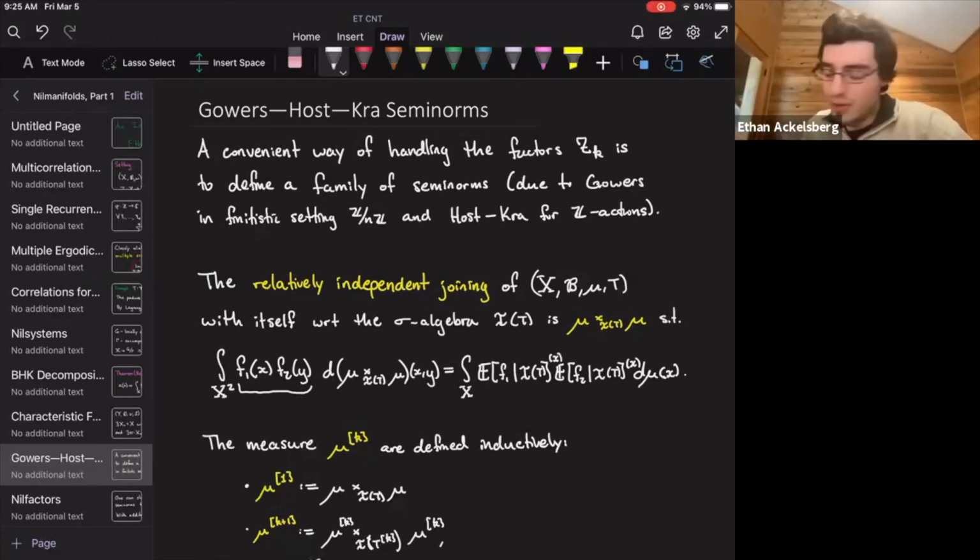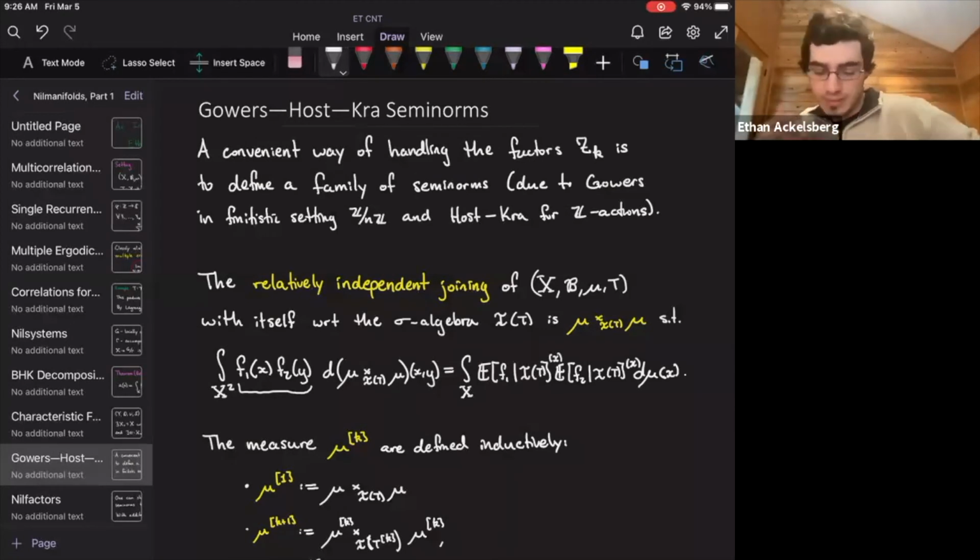So for this system, if my base system here is ergodic, then the invariant sigma algebra is trivial, and my relatively independent joining is just the product. Because it's relatively independent, the only dependence is happening in the invariant sigma algebra, but there's nothing there.